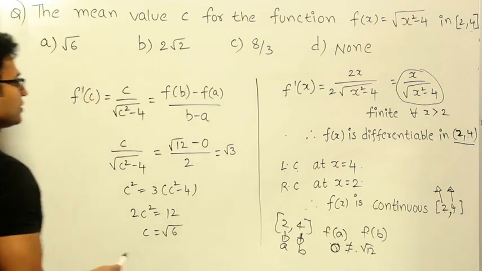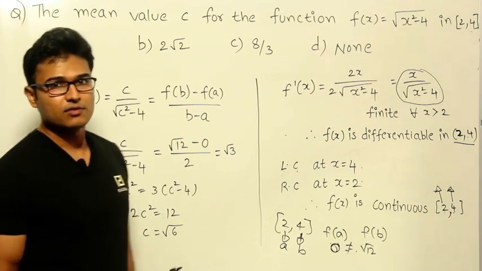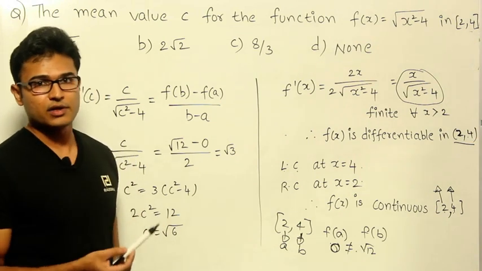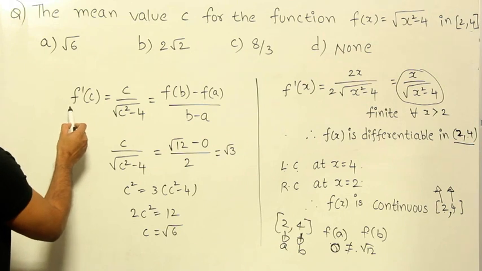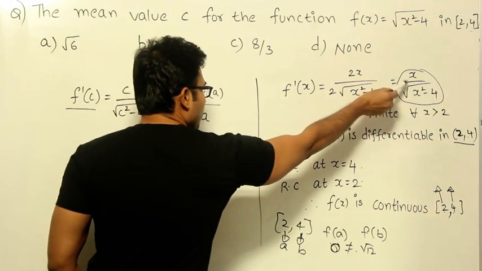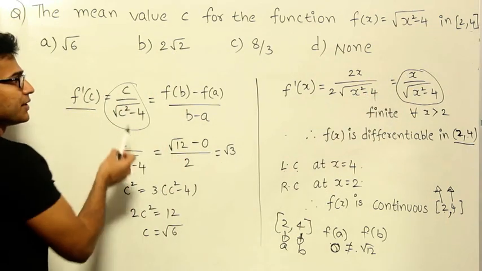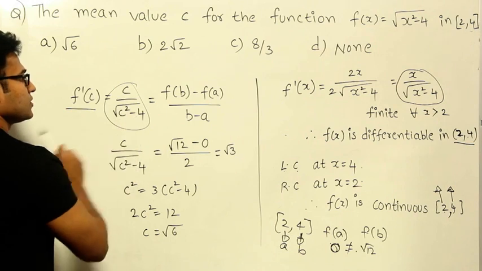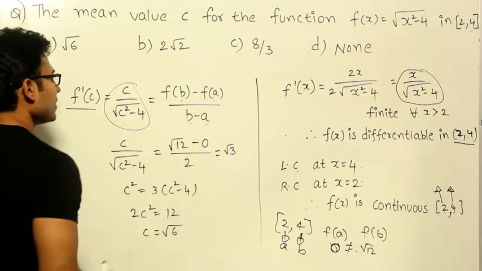So what does Lagrange's theorem say? There exists a point C in such a way that f dash of C is equal to f of b minus f of a divided by b minus a, isn't it? In this f dash of x you are going to substitute C. So C by square root of C square minus 4 is equal to f of b minus f of a divided by b minus a.